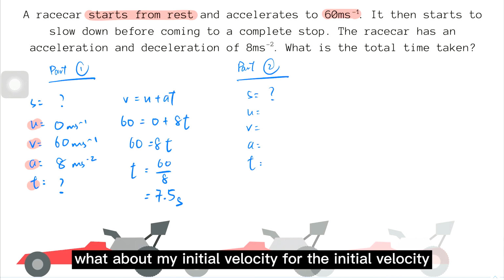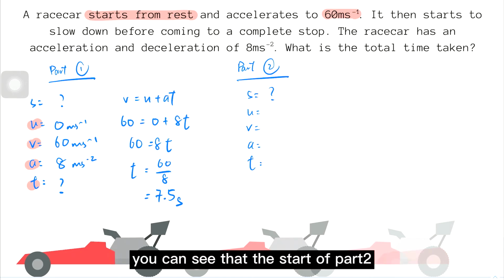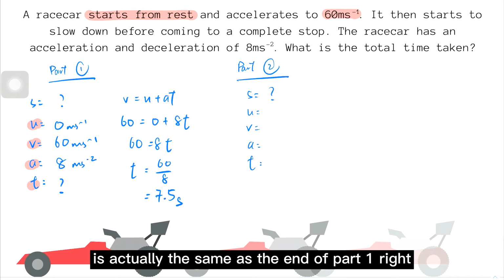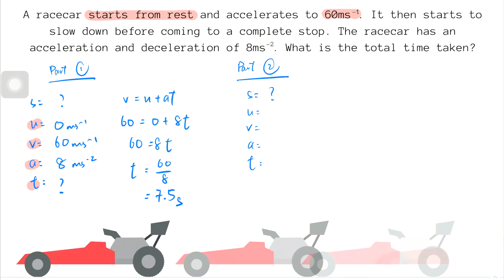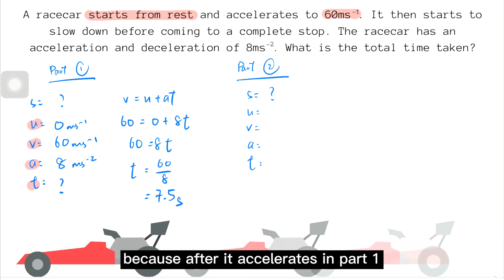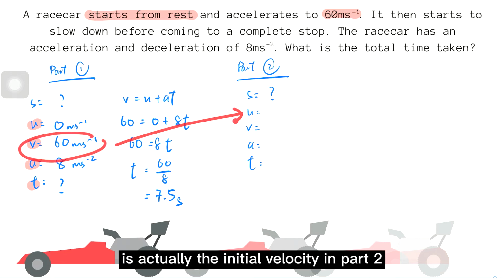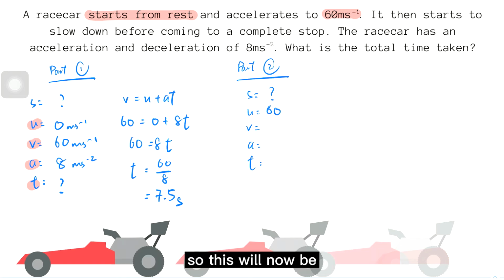For the initial velocity, you can see that the start of part 2 is actually the same as the end of part 1, right? Because after it accelerates in part 1, it will start to decelerate in part 2. So the final velocity you got in part 1 is actually the initial velocity in part 2. So this will now be 60 meters per second.